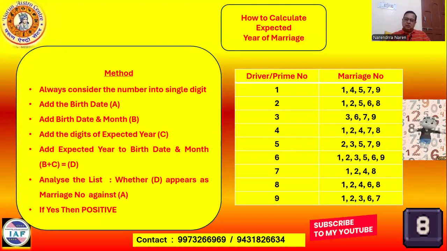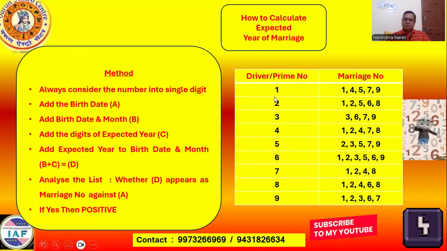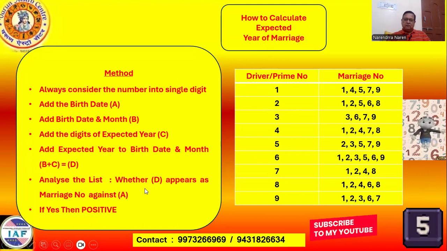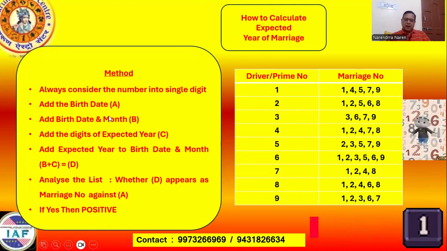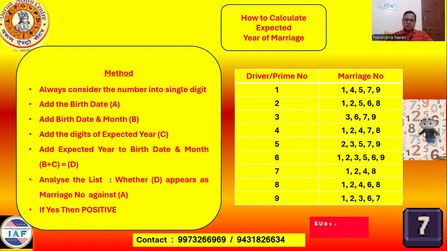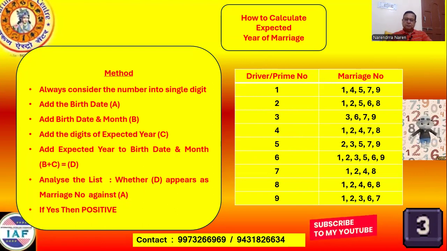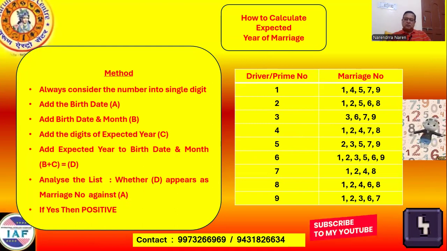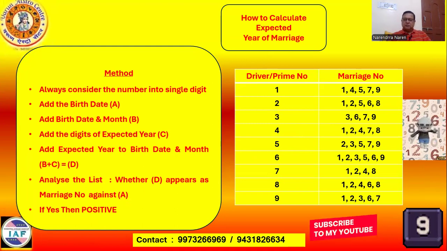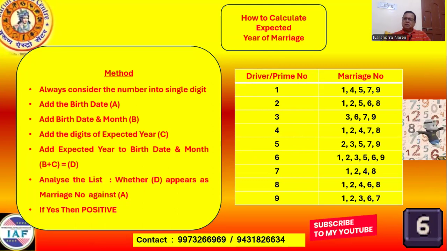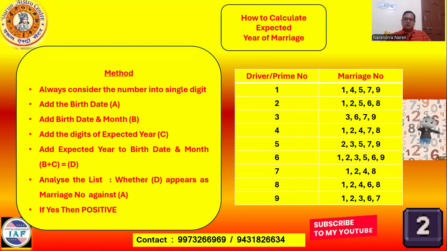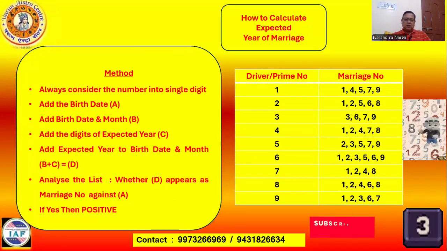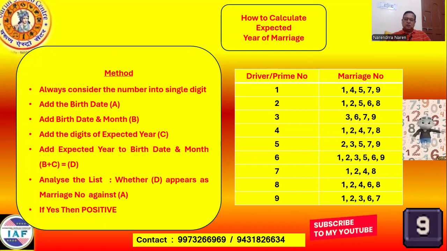So we see the birth date and the corresponding marriage number. If the marriage number arrived at here matches against the birth date, then it is confirmed that this year is suitable for the marriage and the marriage is going to happen. So the result is positive.